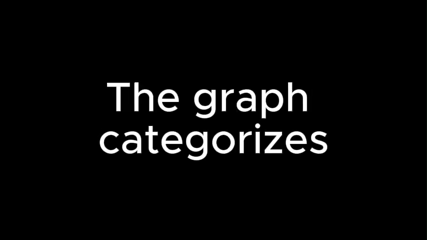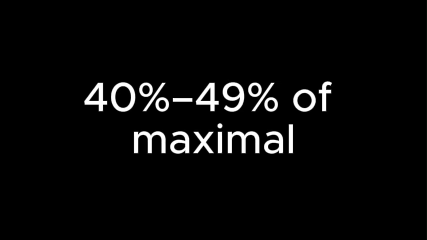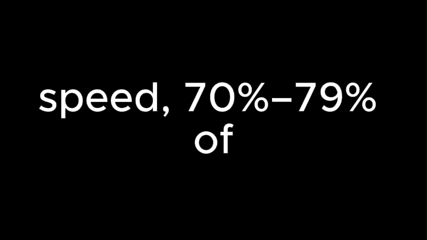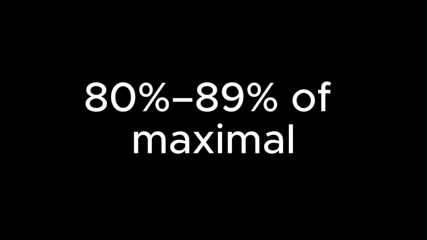The graph categorizes the data for both pursuing and escaping by the number of species, using 30-39%, 40-49%, 50-59%, 60-69%, 70-79%, 80-89%, and 91-100% of maximal speed, respectively.